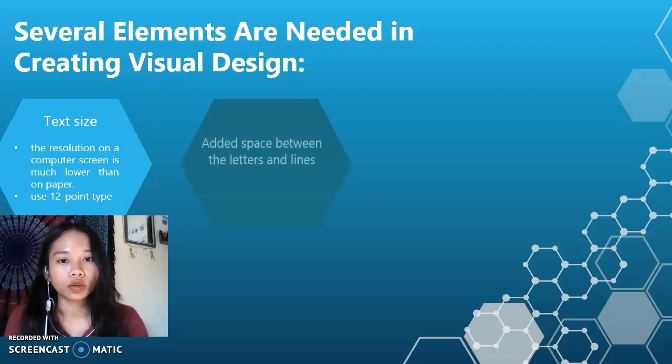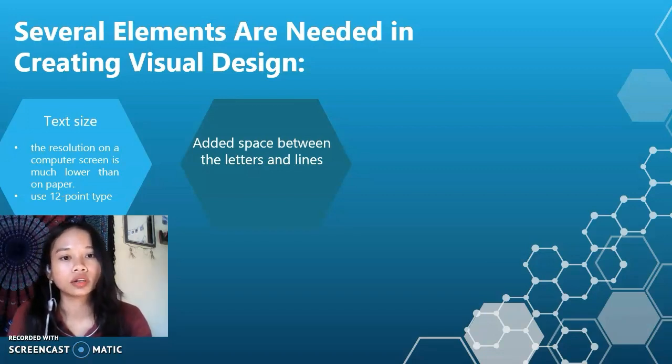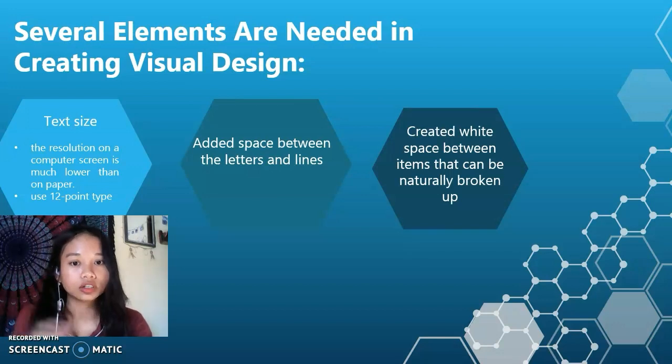Next, you have to add space between the letters and lines, because it gives the reader a visual break. The space between paragraphs should be noticeably deeper than the space between lines. Next, we create space between items that can be naturally broken up.